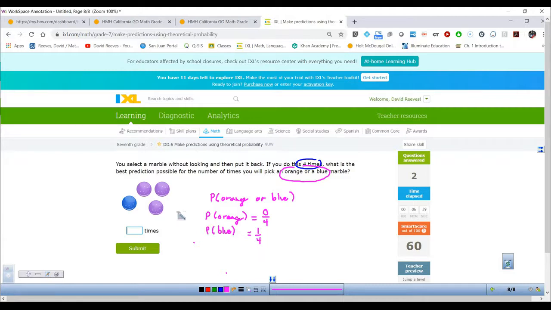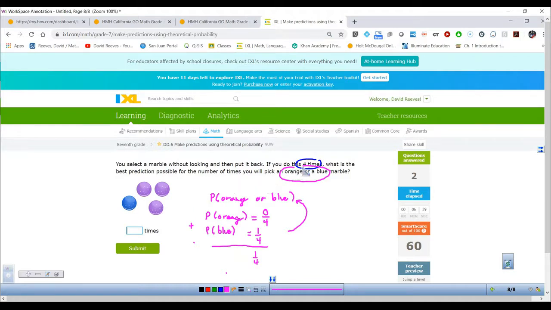And since you can't pull an orange marble and a blue marble at the same time, these are what we call mutually exclusive events. And so the probability of getting an orange or a blue is the same as adding these two together. Well, 0 out of 4 plus 1 out of 4 is 1 out of 4 because there are no orange, right?